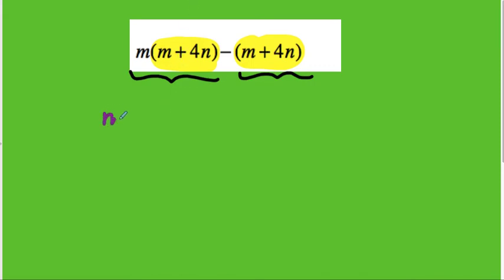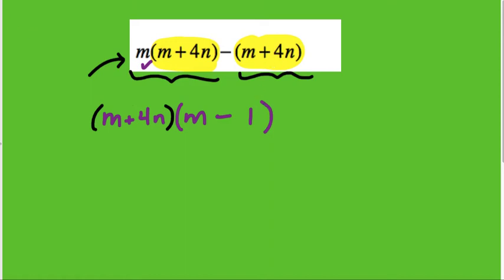I can pull that out to the front. If I do that, I'll be left with m and minus, and we would have to put a placeholder here of 1. If I were to distribute, I would end up right back here: m plus 4 times m and then m plus 4 times negative 1.